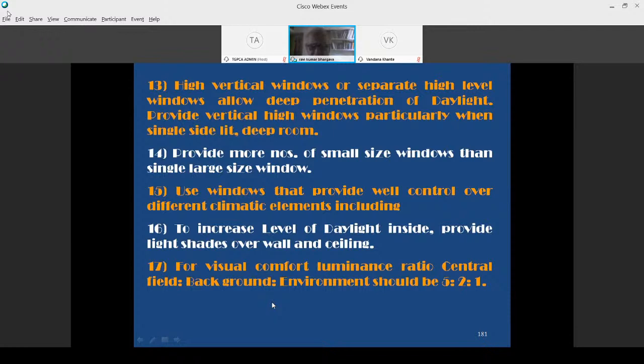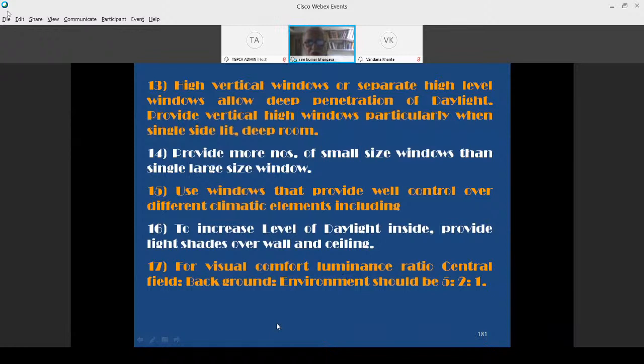Central field means the main object; background and environment mean surroundings. Maximum light is on the main object, then the background, so the ratio should be 5 to 2 to 1.